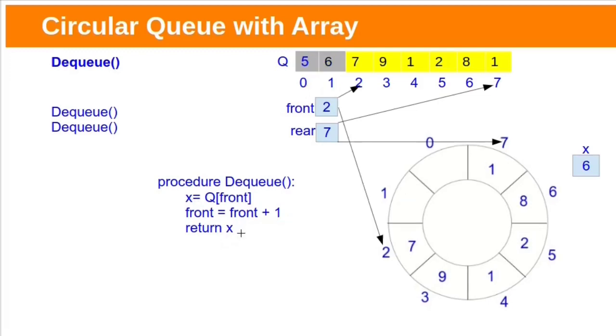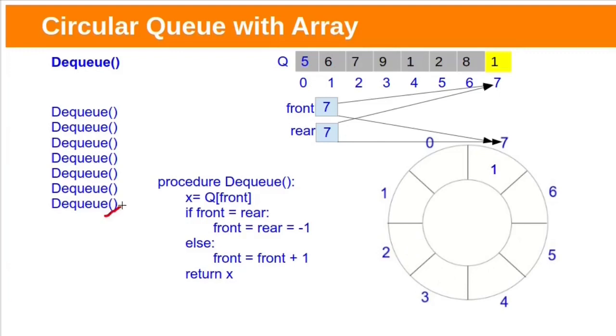If we want to remove one more item from the queue, the same process will be repeated. After removing this 6 from the queue, front will be at index 2. For the 7th DQ operation, it will return element 8, and front will be at index 7 and rear is also at index 7.